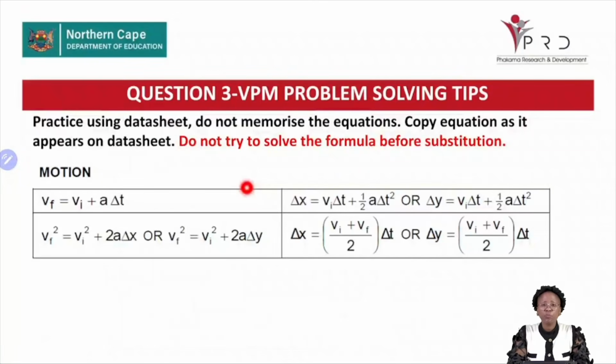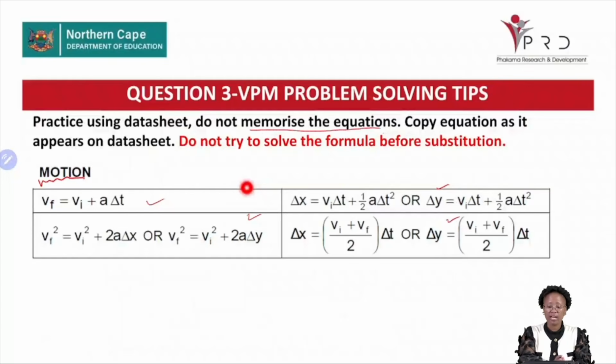Now, as you practice your vertical projectile motion, I always say to the learners, please do not memorize the formulas. There are so many of them. As you can see, you just go to the part in the data sheet where it's written motion, and then you can see all of these are equations of what? Of motion, right? So you don't have to memorize all these formulas. They will be given to you. You just have to copy the formula as it appears on the data sheet and paste it on your answer sheet.